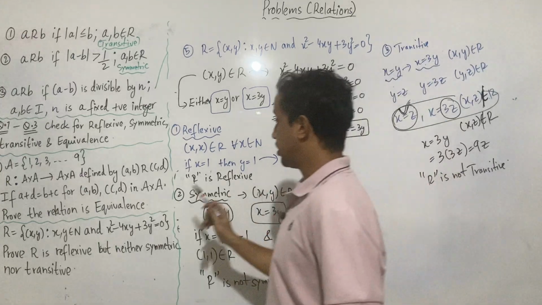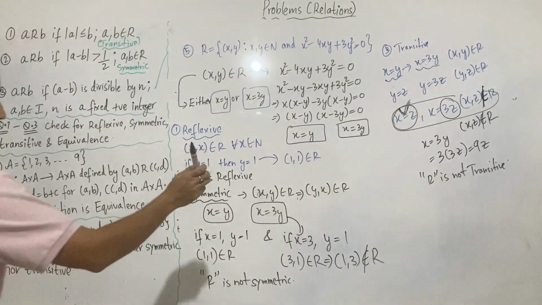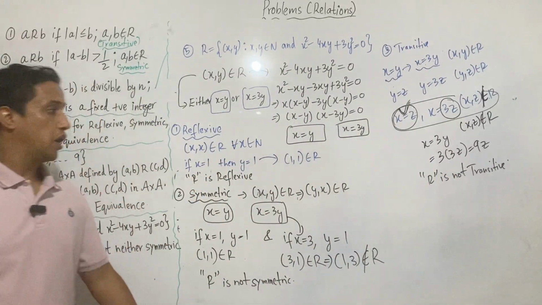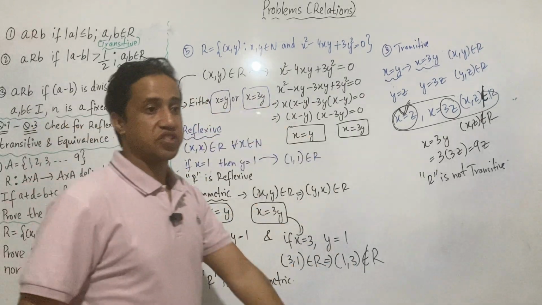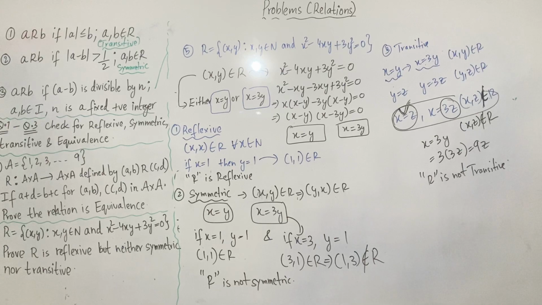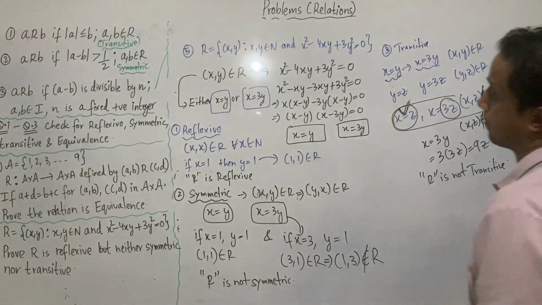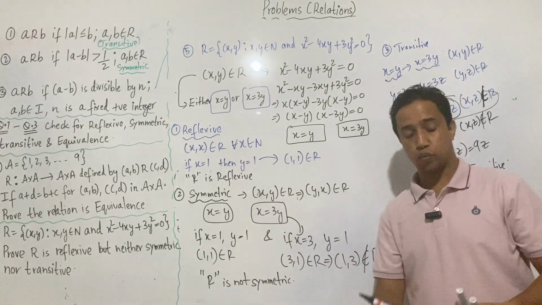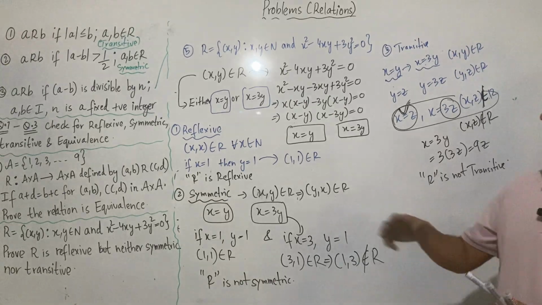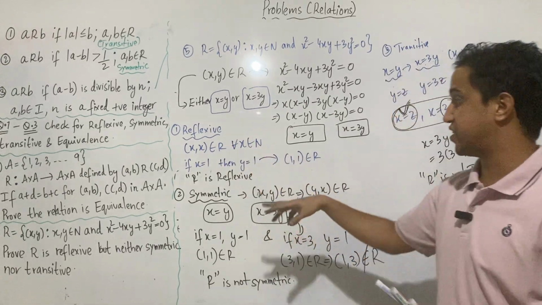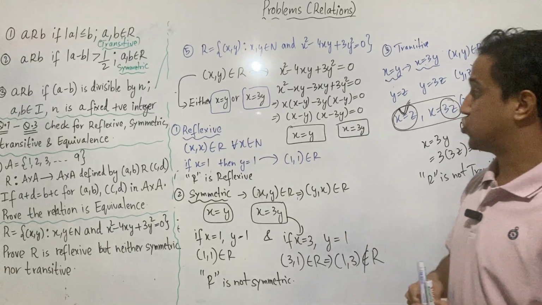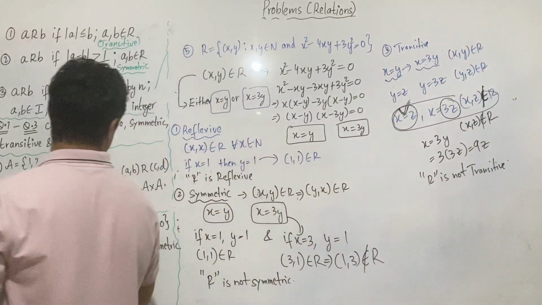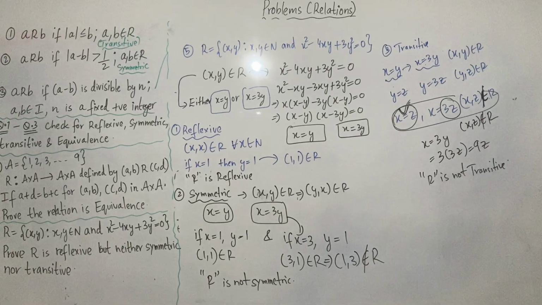So this relation is only reflexive. Why? Because it can take either x equal to y or x equal to 3y, and if you check for reflexive, it shows validation for the relation to be reflexive.